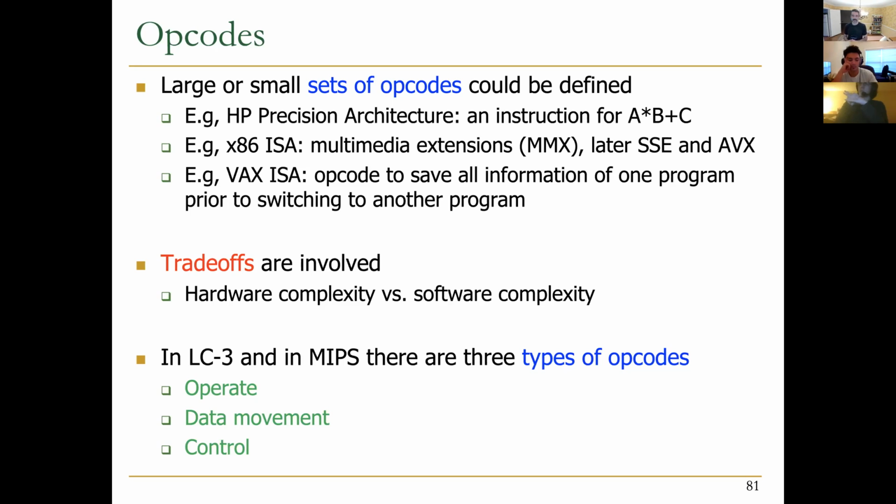So imagine that you implement a very complex instruction, but in 95% of the programs that you write, you're never going to use this instruction at all. Only 5% of programs may need this complex, fancy instruction that saves all the information of a program to some register, right?